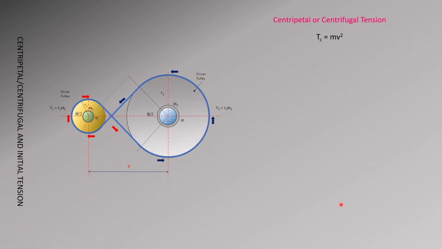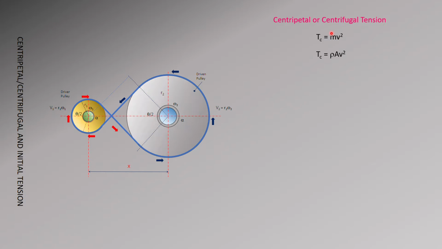So now the centrifugal or centripetal tension formula is given here. m is the mass of the belt, but the mass of the belt here is in kg per meter. The v here is the velocity of the belt, the tangential velocity, you can either use v1 or v2. We know that this mass here is not only in kg.